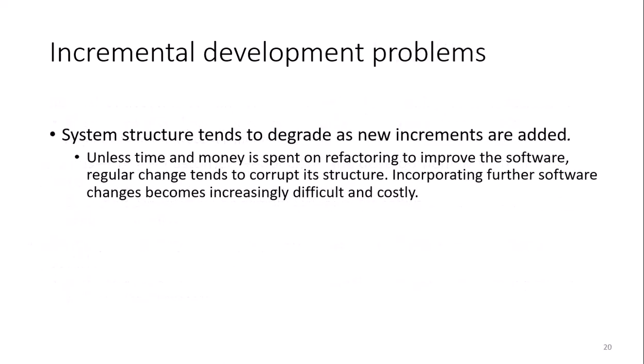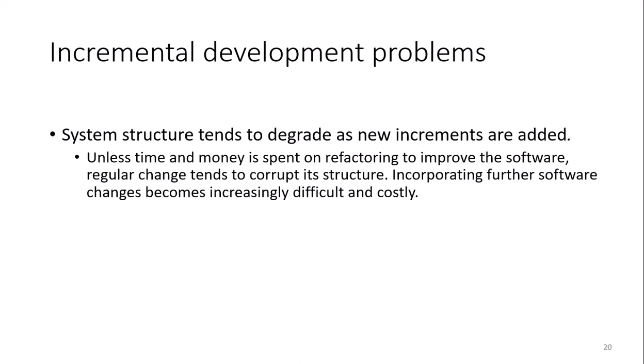Now what are the problems with this model? System structure tends to degrade as new increments are added. So this means you have to alter the structure when you develop new versions and then integrate, unless time and money is spent on refactoring. Refactoring is basically to change the code structure, or we can say to make it more beautiful or useful.